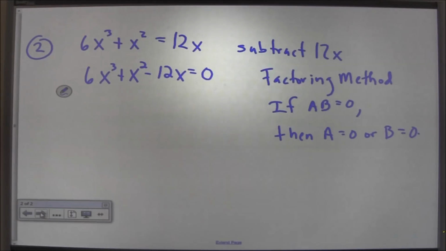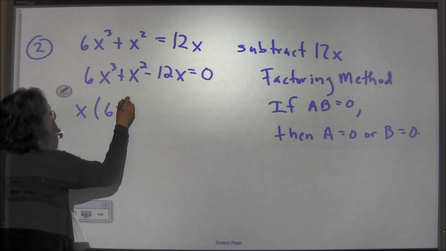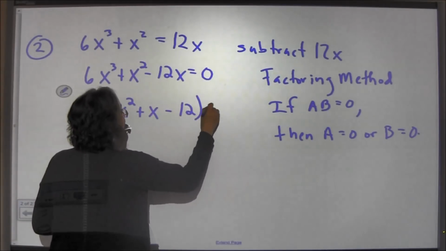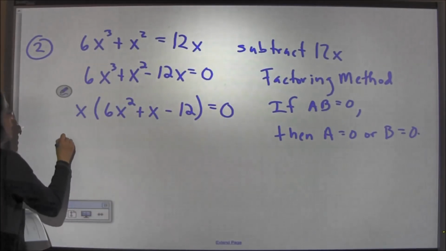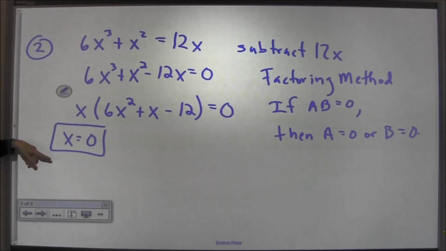I do see that we have a common factor of x. So I'm going to factor that out. And so there's one of my solutions already because x is a factor. So that means 0 is one of the solutions.